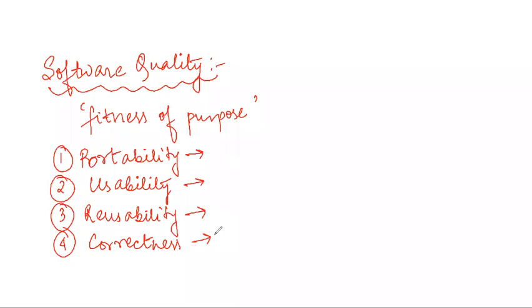If in the SRS document it was documented that these will be the functionalities of the product which will be delivered, and also the GUI needs to be very user friendly so that a kid can also use it. Suppose I have delivered all the functionalities, but I am not giving a good interface. I am giving a very complicated interface.